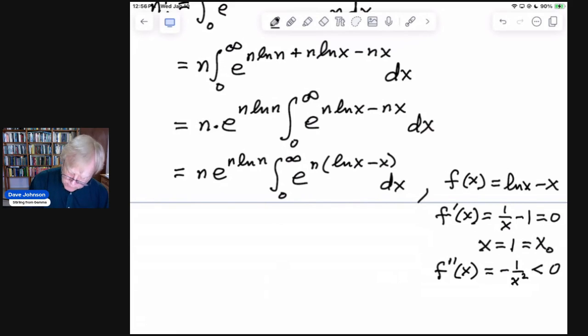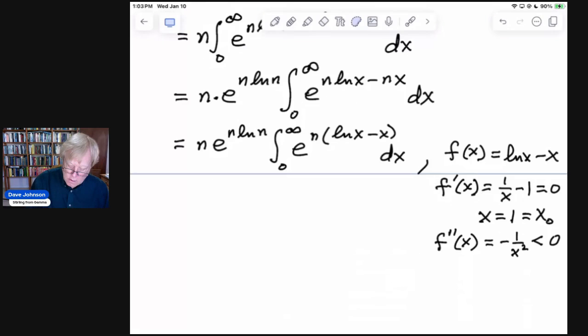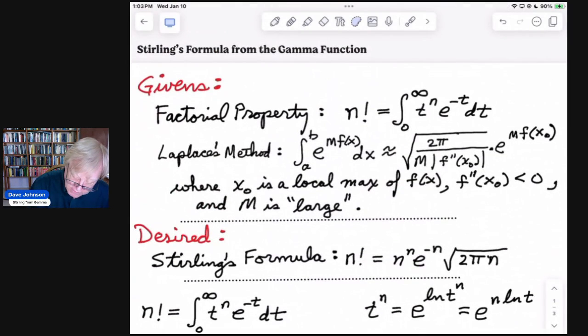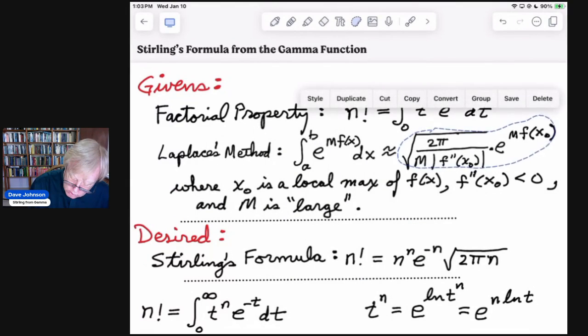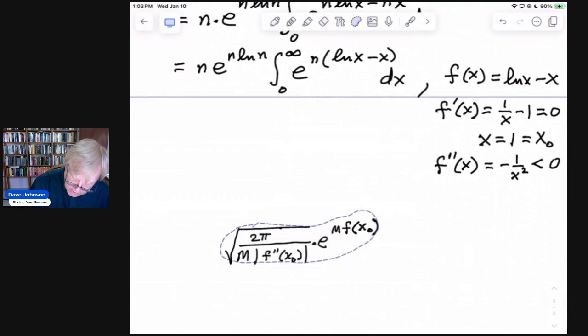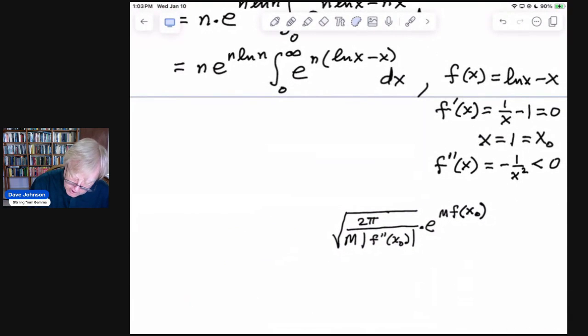So we now have all the conditions of the theorem satisfied. So let's go ahead and copy this expression so I don't have to keep referring back to it. Copy and paste it down here. Let's move it over here.